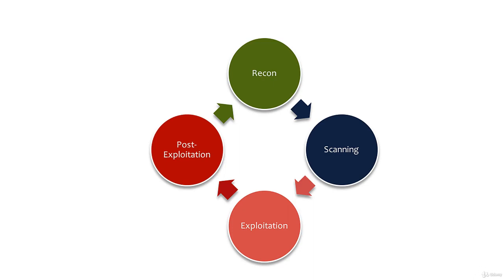So I need to migrate one of my processes to a system process, so the victim will not be able to disconnect me from the session. How can we do that? We're going to explain those 4 different phases in depth using Kali Linux tools.